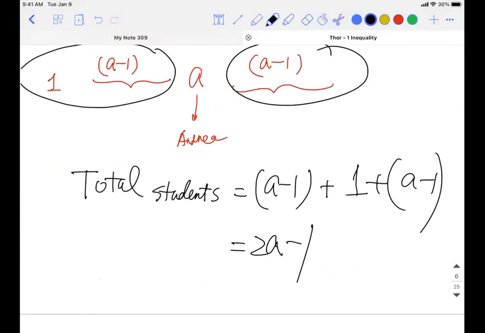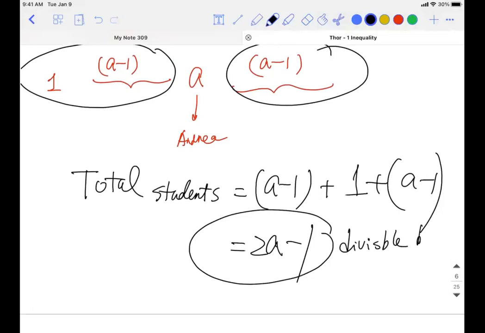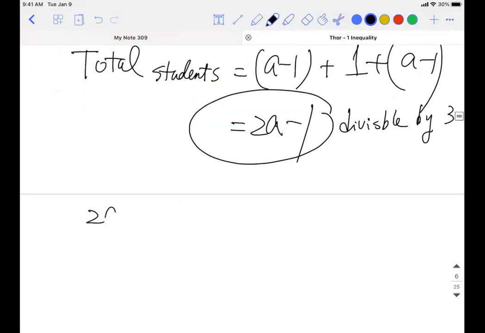And bear in mind, every school generates 3 students. So this number must be divisible by 3. The total number of students, 2A-1, is of course going to be divided by 3. So I'm going to say 2A-1 equals 3K.